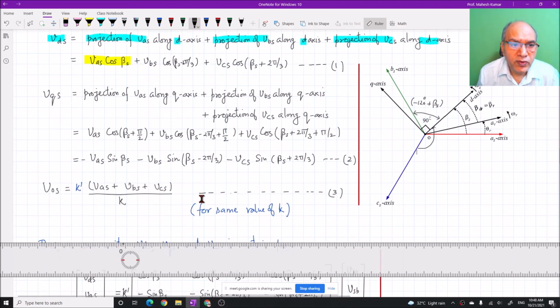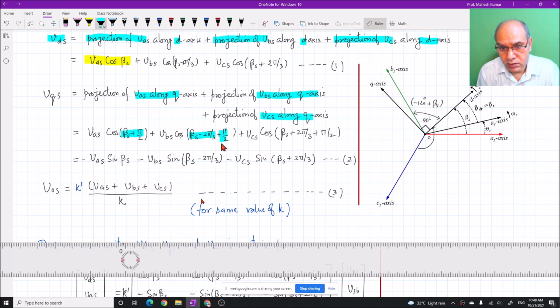Similarly, BQS is nothing but the projection of BAS, BBS and BCS along the Q axis. What is that? Cos of beta S plus pi by 2, because the q axis is pi by 2 away from the d axis. Similarly, beta S minus 2 pi by 3 plus pi by 2, and beta S plus 2 pi by 3 plus pi by 2.